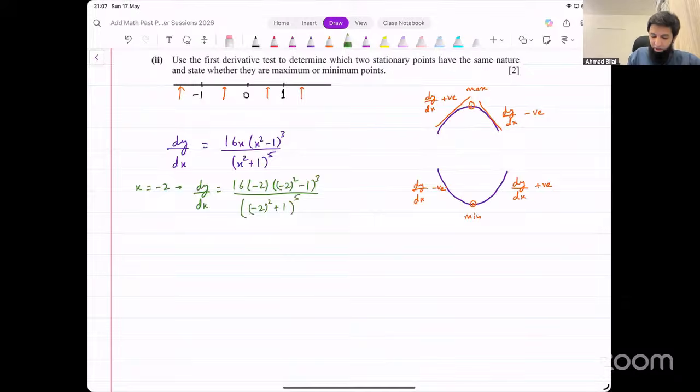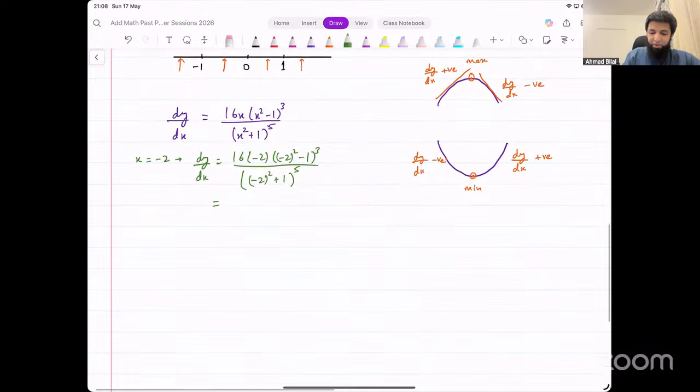Now, it does not matter what the actual number is. All that matters is whether the value is positive or negative. We don't have to necessarily calculate the actual values because it's a non-calculator paper. It's going to take time to evaluate the exact numbers. Just think about whether the numbers are turning out positive or negative.